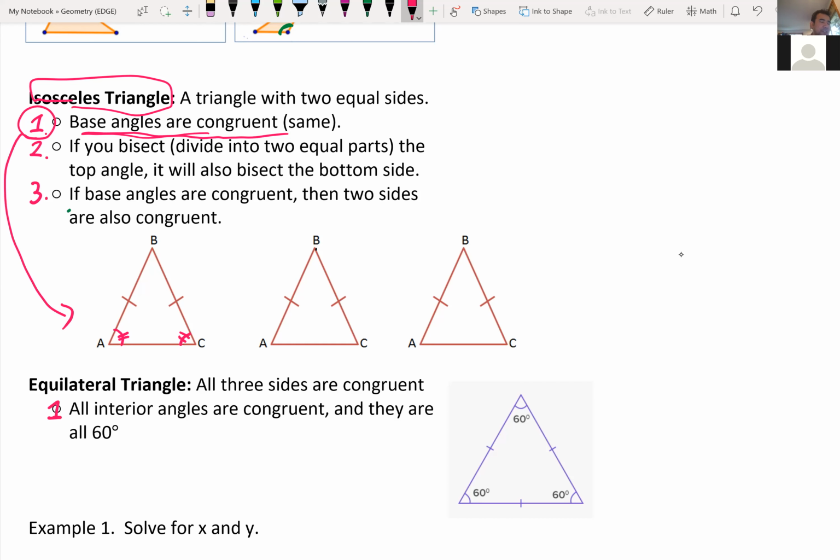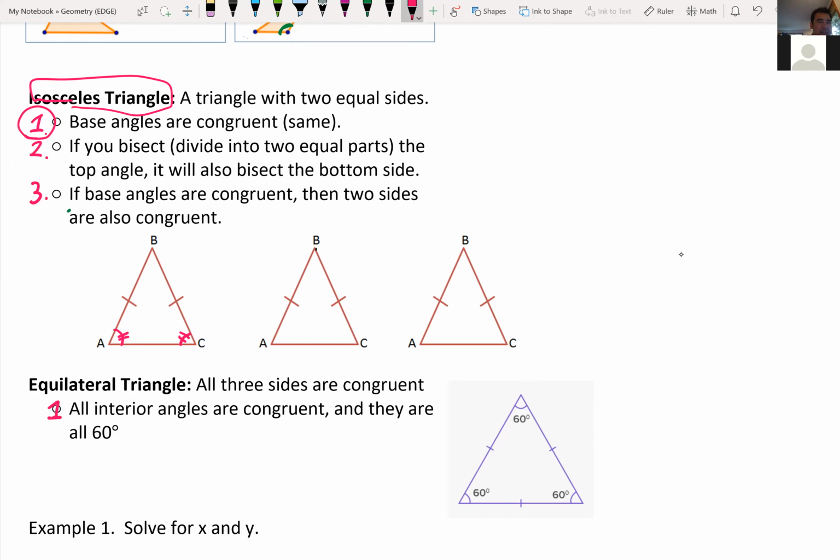If angle A is 70 degrees, then what do you think angle C is going to be? It's going to be 70. If angle A is 80 degrees, then angle C is also 80 degrees. Does that make sense? Okay, they are equal. So that's property number one.